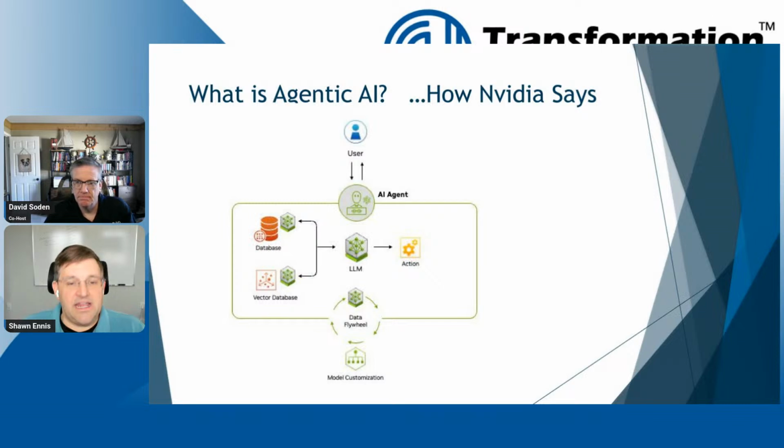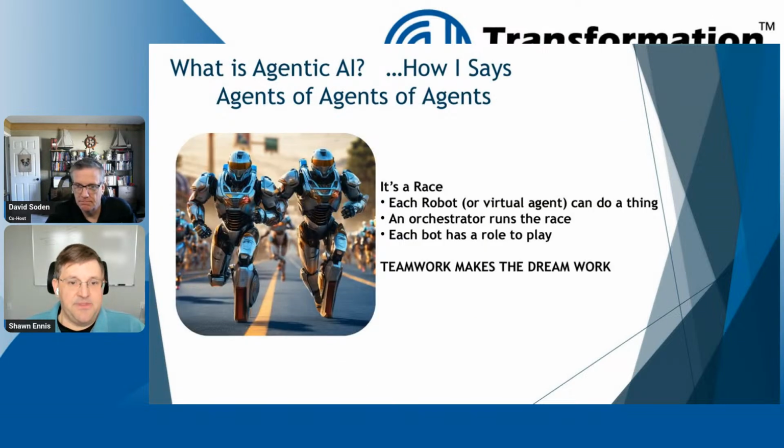So what I like to think is really it's an agent of agents of agents. Imagine the journey that anybody will go on, any kind of experience, whether it is going to Disneyland or filling out a loan application. Those are experiences.